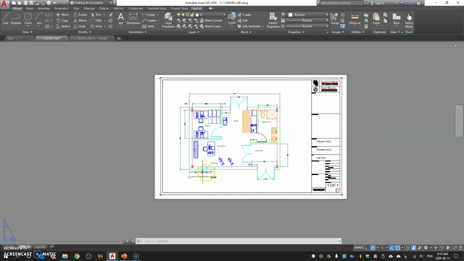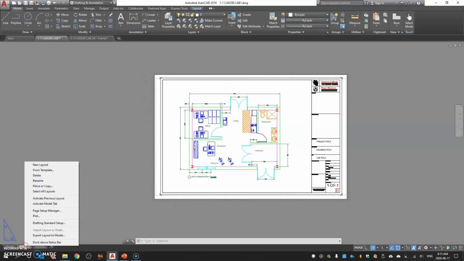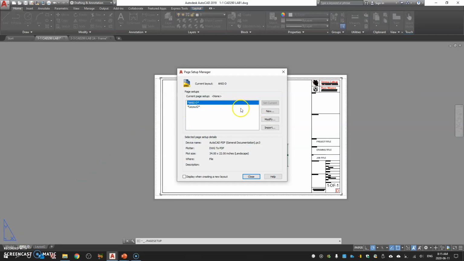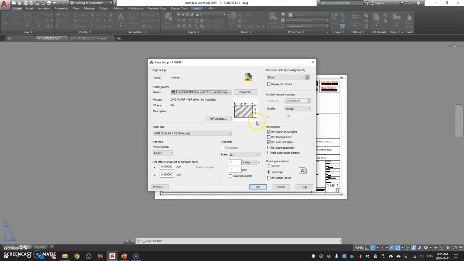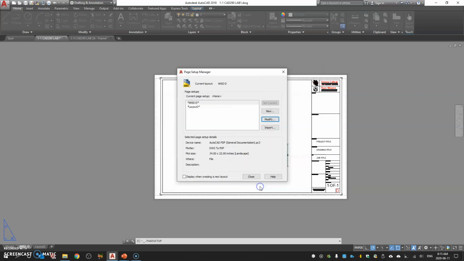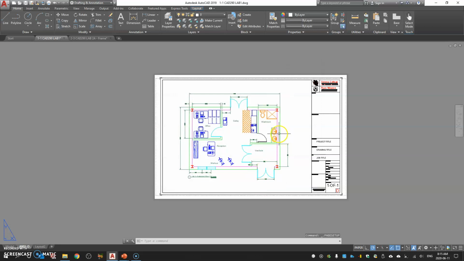Okay, so this is the view and this is the frame. This sheet is exactly 22 by 34. So from here to here is 34, from here to here is 22. And I have adjusted this one here. You can see that it's 34 by 22. Okay, and this is the view.